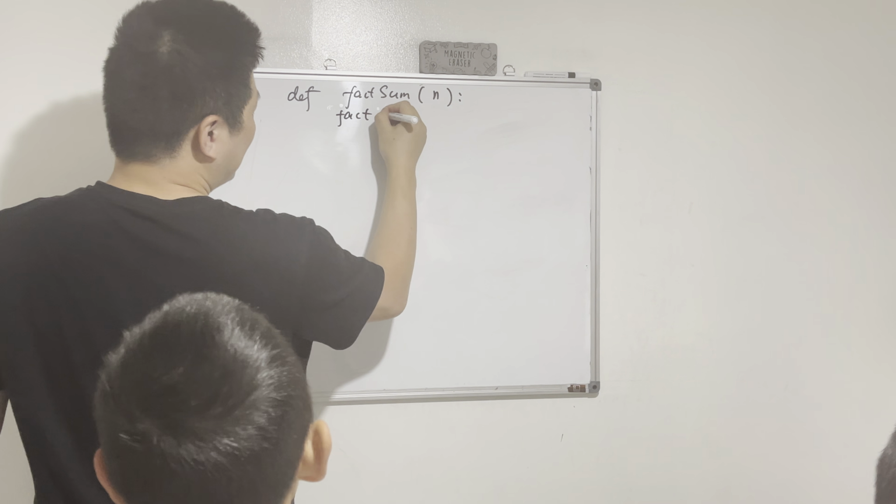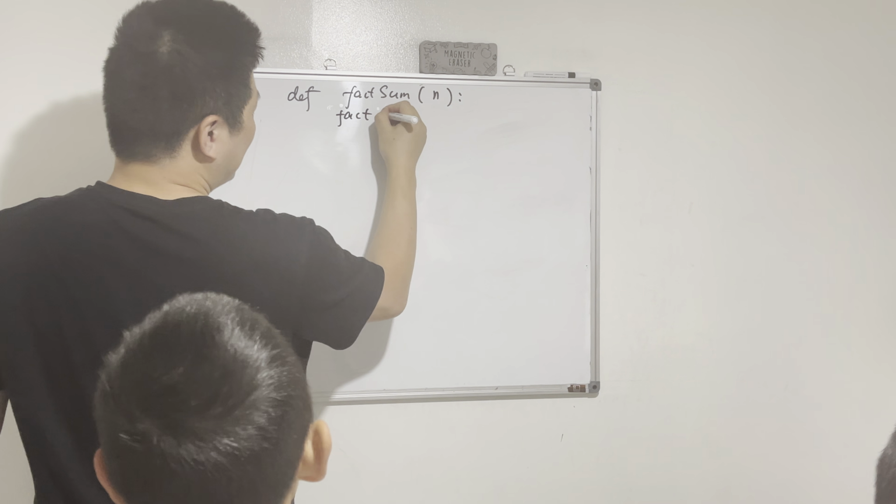If we put it on the left, there will be a descending order, with the biggest factorial at the beginning. If we put it at the end, the biggest factorial will be at the end. Factorial equals the deque. X equals 1. While, let's do this.